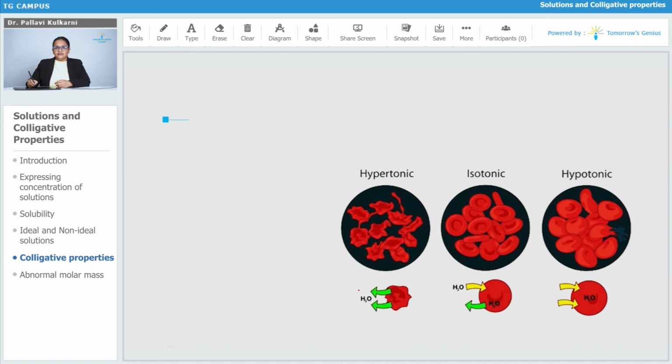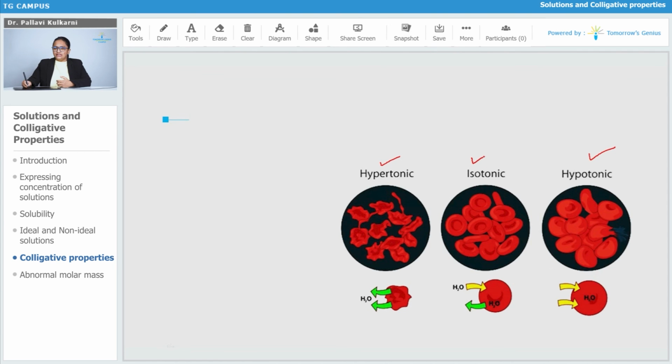You can see here, first is the hypertonic solution. In the hypertonic solution, plasmolysis takes place, shrinking of the cell occurs, and water inside the cell goes out through the semi-permeable membrane. In case of a hypotonic solution, hypo meaning less, water from outside will go in, causing cytolysis or deplasmolysis.